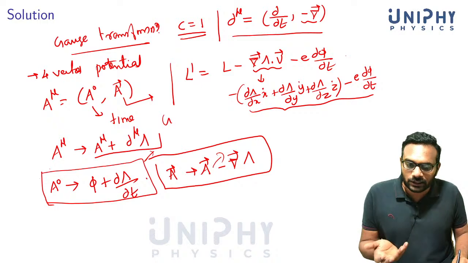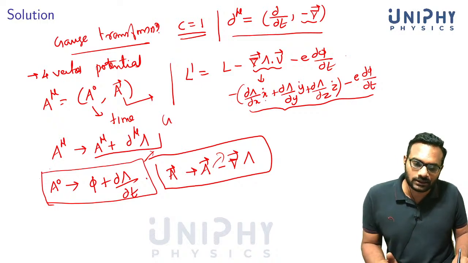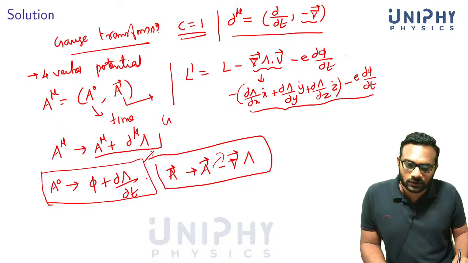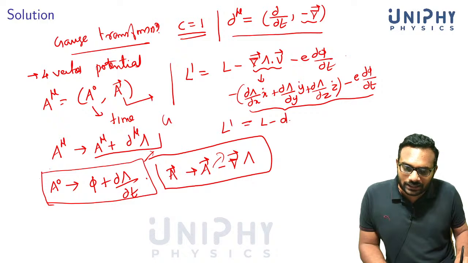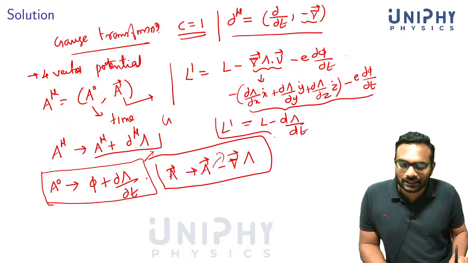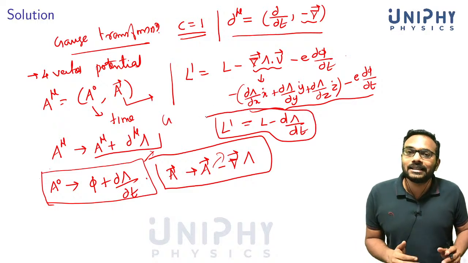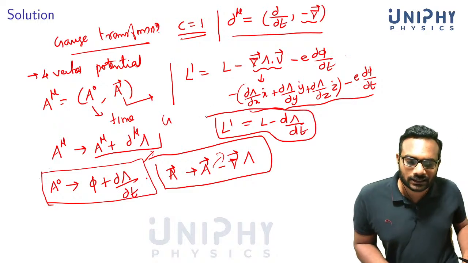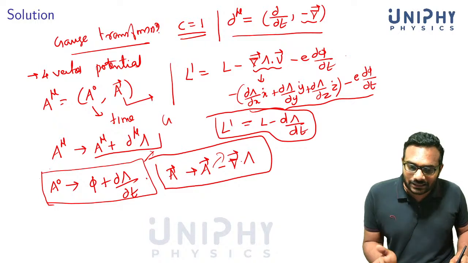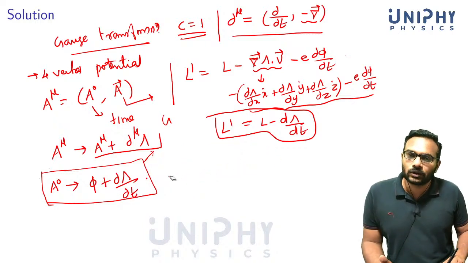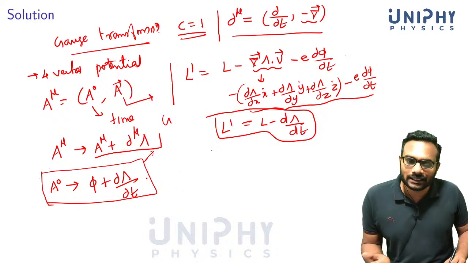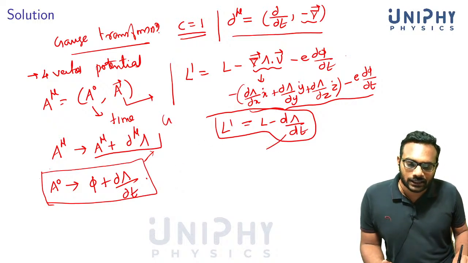So, you take the derivative of λ with respect to x, multiply it with the derivative of x with respect to time. So, this is simply L prime equal to L minus dλ/dt. This is the change to the Lagrangian. So, the Lagrangian actually changes under a gauge transformation. So, option C is also wrong, because it changes according to the gauge transformation.